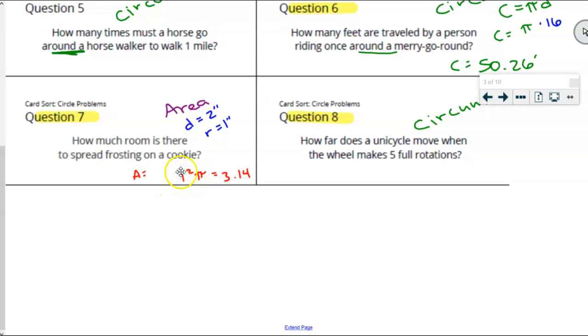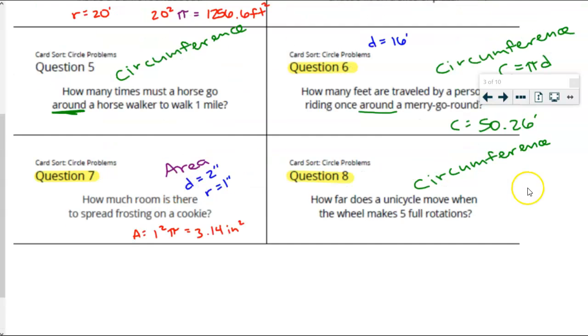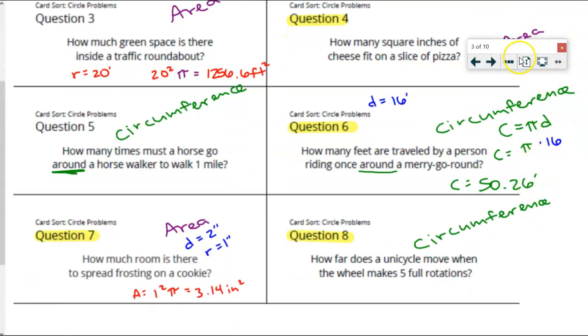No. What would the units be? If the diameter was 2 inches and the radius was 1 inch, what is this measurement here? This 3.14 what's? Anyone want to help her out? Yeah, you got it. Inches squared or square inches. Fantastic.